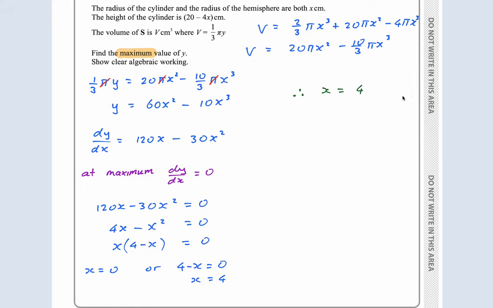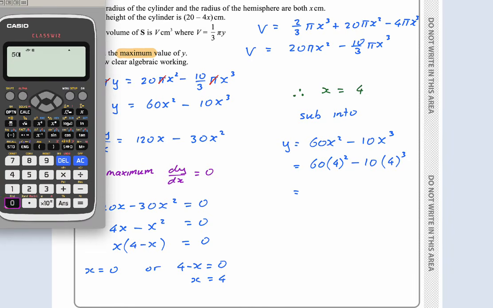So then I'm just going to sub this 4 into y equals 60x squared minus 10x cubed, which gives me 60 times 4 squared minus 10 times 4 cubed. Hopefully this is the right answer.